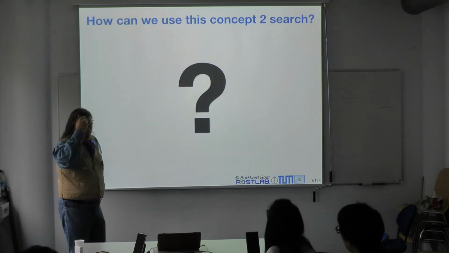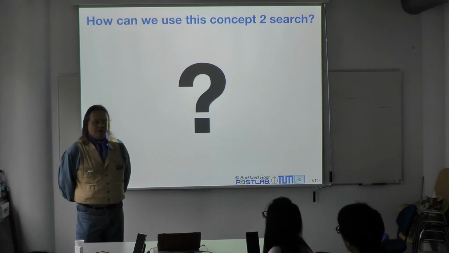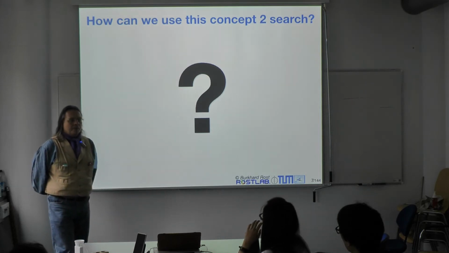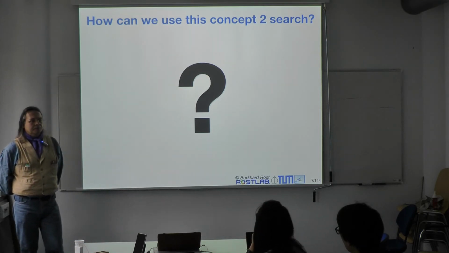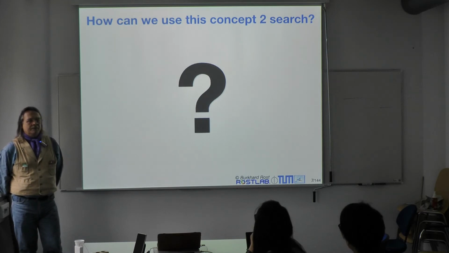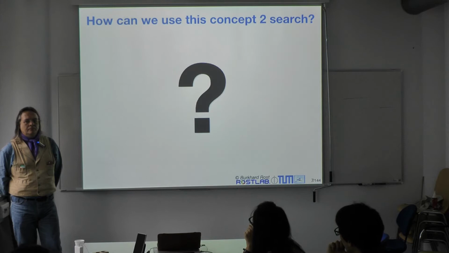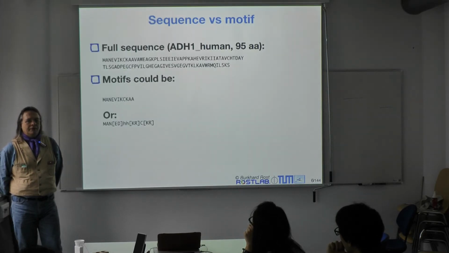But now the question is, how could we find such motifs? Any idea? Any suggestion? Not for similarity. Then we say we're looking inside the whole thing just for this small one. But how would you find those?